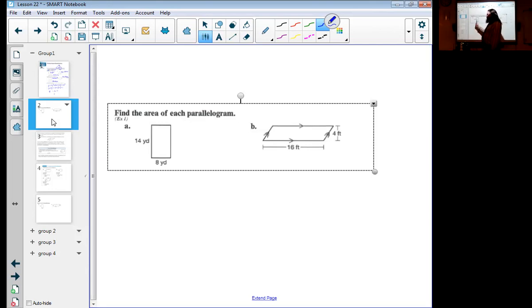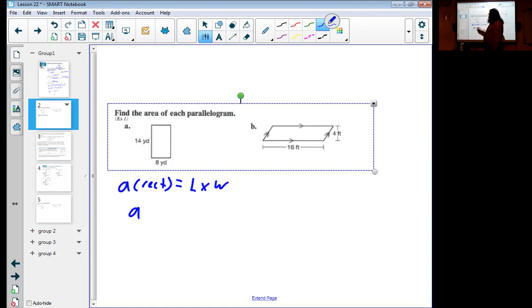We can actually probably solve A, because we know that the area of a rectangle is length times width. So area of rectangle is equal to length times width.